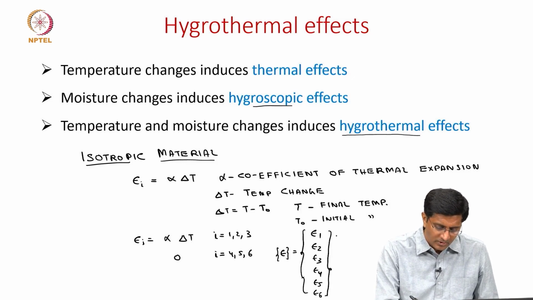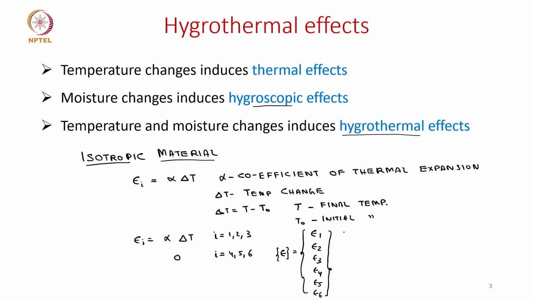And we also mentioned the first three are the normal strains, epsilon 1, epsilon 2, epsilon 3, but the last three are the shear strains, which are epsilon 4, epsilon 5 and epsilon 6. So we are saying that in the case of an isotropic material, the shear strains go to 0, but the normal strains are the ones which are non-zero.